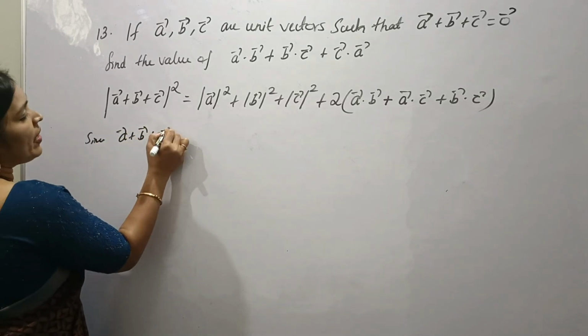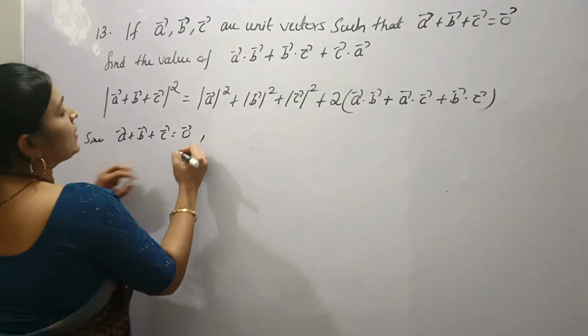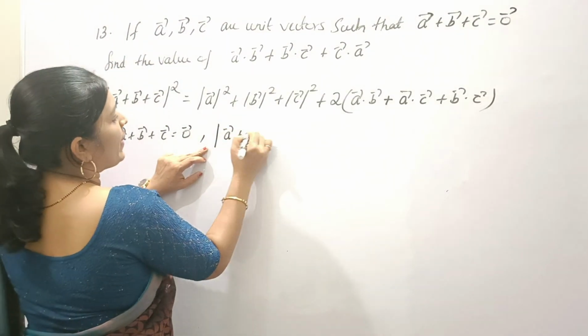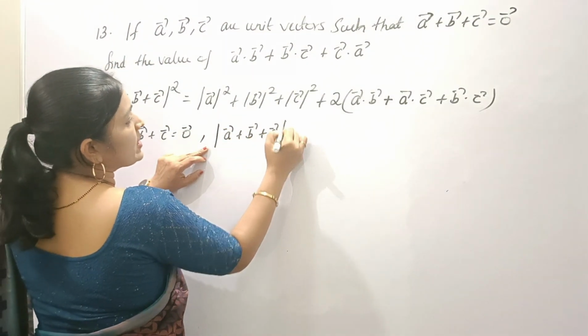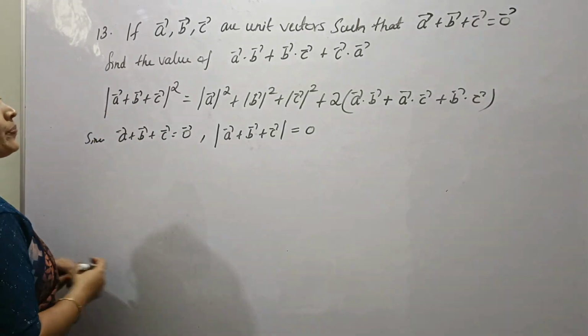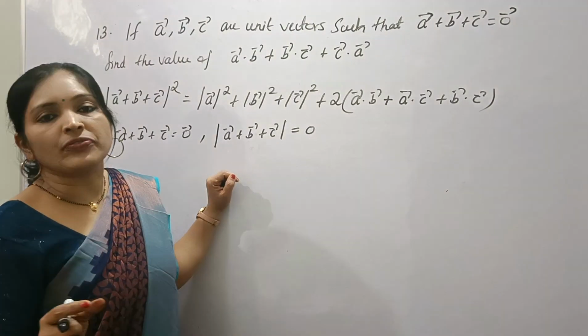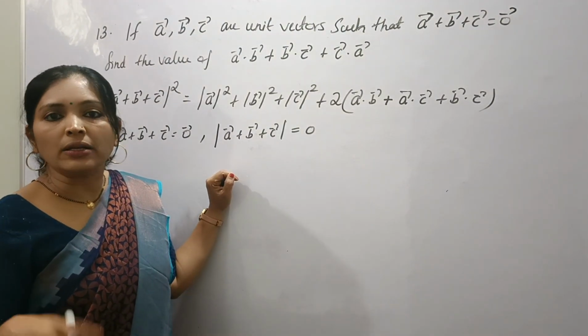Therefore, their square is also 0. And it is given vector a, vector b, vector c are unit vectors. Therefore, their magnitudes are 1.